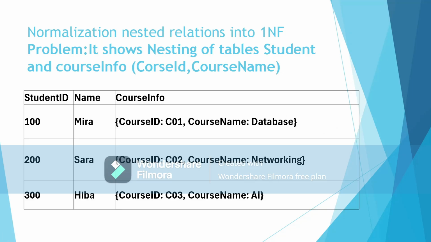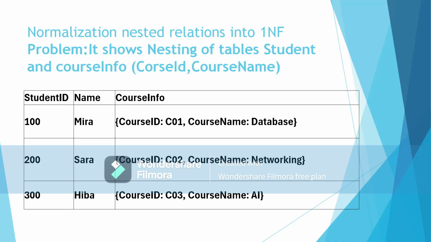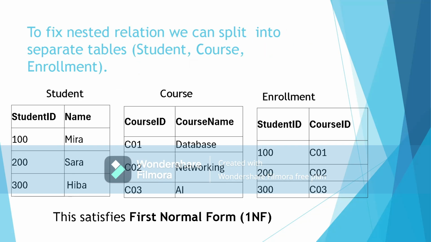Now see normalization for nested relations. Here is a student table which contains the student ID, name of the student, and course information. This course information table contains the course ID and name of the course. So this table can be decomposed into the following tables.